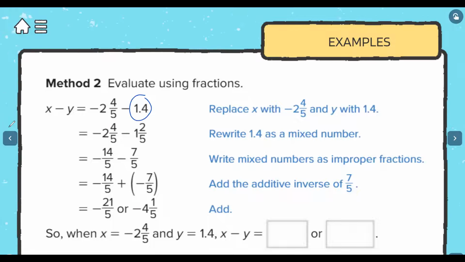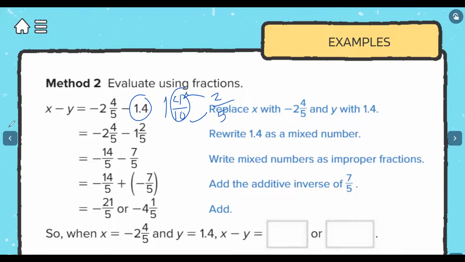And this 1.4, I need to convert it into a fraction. So I have a whole number, that will be my big number. And the 4 needs to go over a 10, because it's a tenth. And I can simplify this one, right? If I divide it by 2, I will have 2/5. Good. Remember, if we divide one by 2, we also have to divide the other one by 2 too.